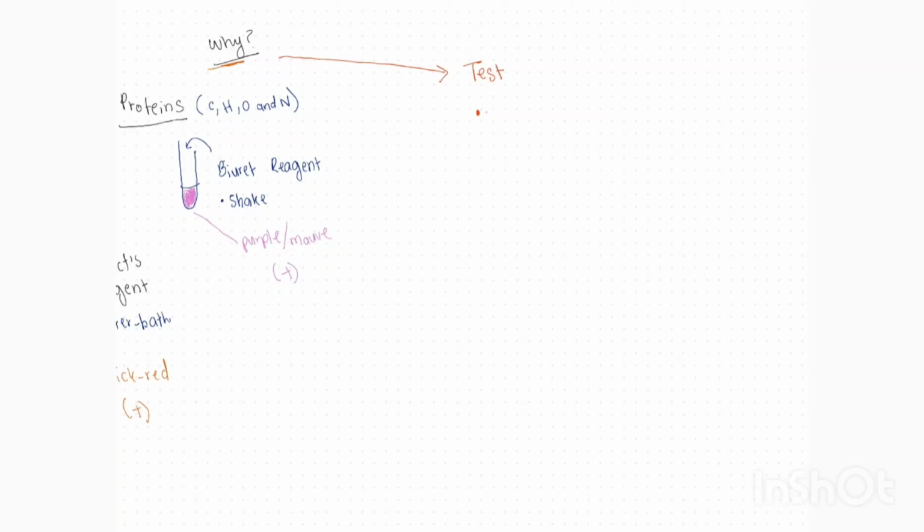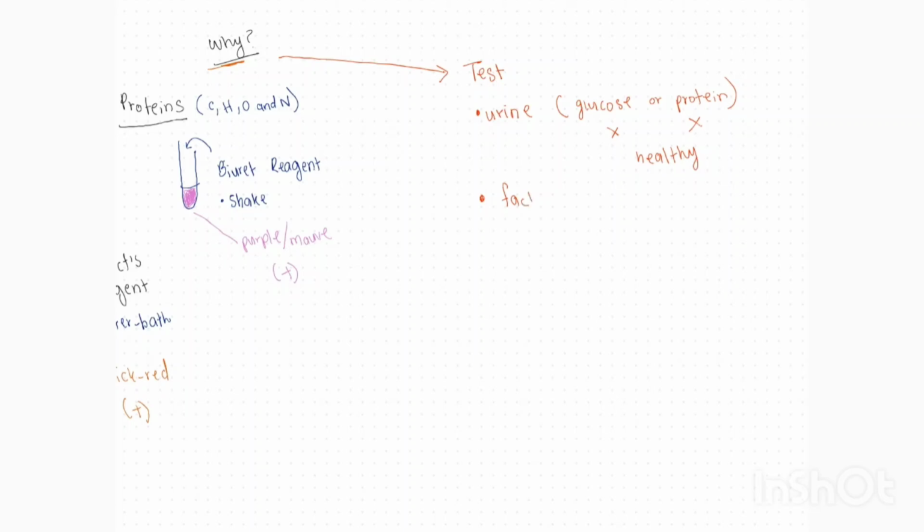But what if there is glucose and protein in your urine? How do you test for that? This is a practical example of why we need to know all this. You test urine samples for glucose or protein to see whether an individual is healthy or not, because if they're healthy, they won't have either of these present in their urine. But if something is a bit off, then glucose and protein might be present.